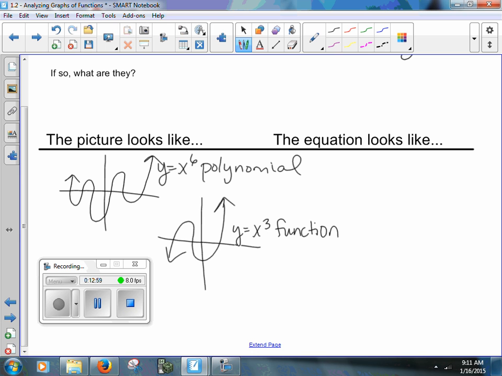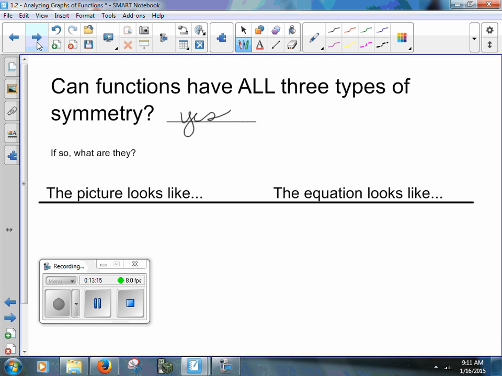There's no symmetry in that. It's got all kinds of x-intercepts, got some y-intercepts going on. That's crazy stuff. But does it have symmetry? No. No symmetry on that one. Then my question, can they have all three types? Yes. They can. Write this down. They can have all types of symmetry.